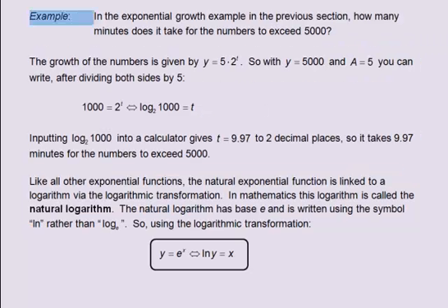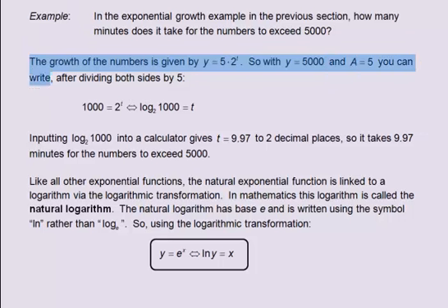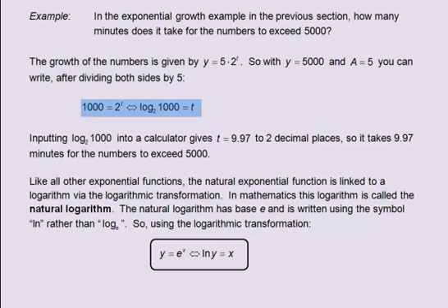Example. In the exponential growth example in the previous section, how many minutes does it take for the numbers to exceed 5,000? The growth of the numbers is given by y equals 5 multiplied by 2 to the power t. So, with y equals 5,000 and a equals 5, you can write, after dividing both sides by 5, 1,000 equals 2 to the power t, which converts to log to the base 2 of 1,000 equals t.